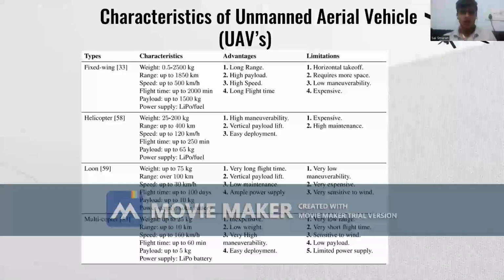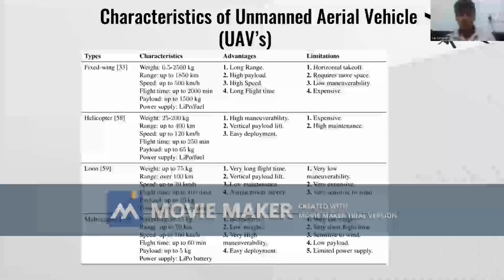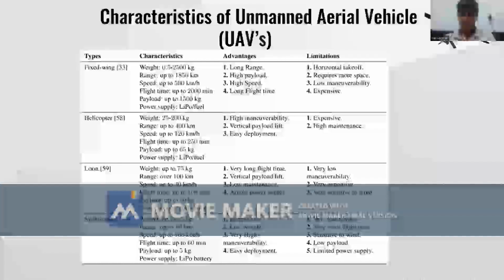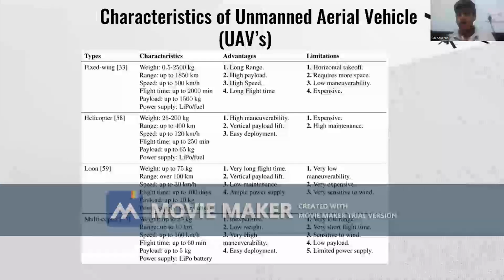Moving on, characteristics of UAVs. Until now we learned about the different types, but what are the characteristics? In fixed wing, the power supply uses LiPo or fuel. Now we might wonder what LiPo is. We know Li ion, that is lithium ion.